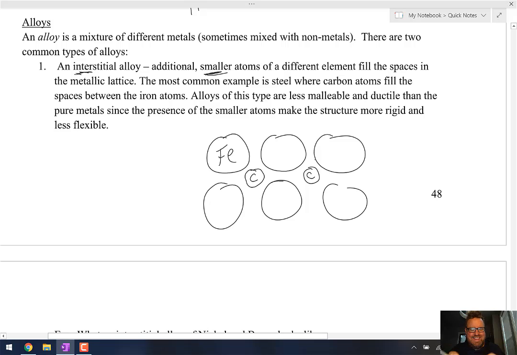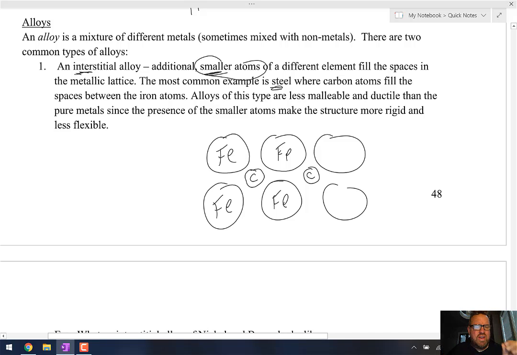By adding that smaller atom in between the spaces between the metal atoms, it makes that steel, or in this case the metal, stronger. So you've got smaller atoms that fill in the spaces between, and really remember this is 3 dimensions. So there's iron atoms out here, and there's iron atoms on the other side, and they fill the space between the iron atoms, in the case of steel.